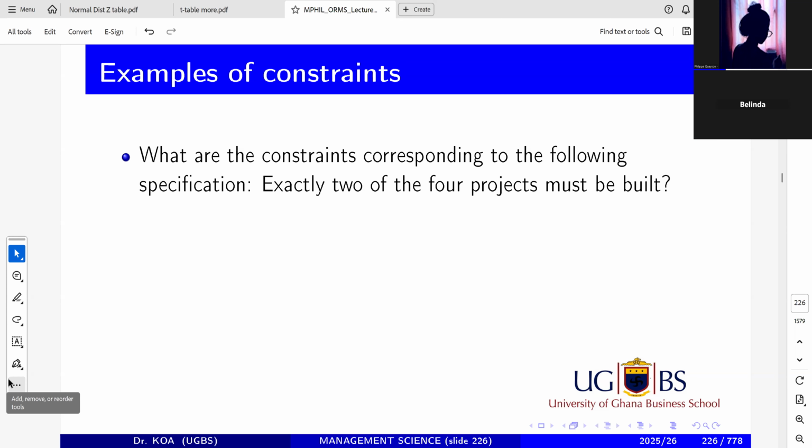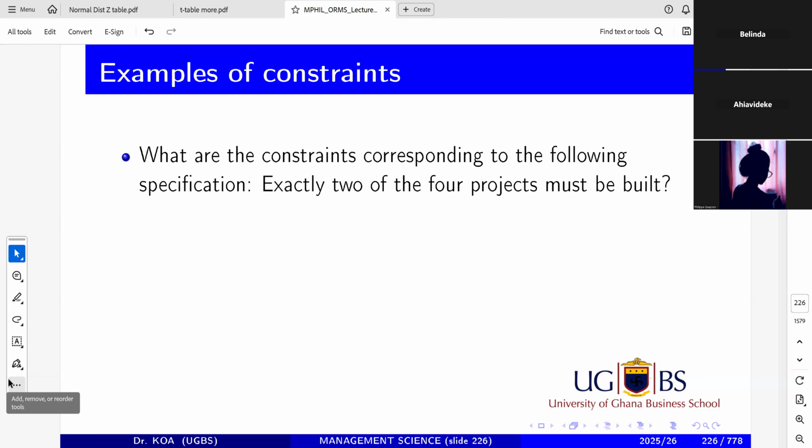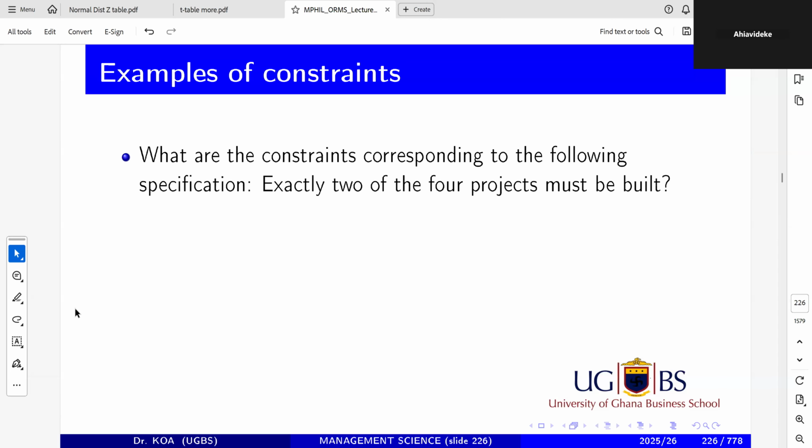Yeah, Belinda. So I don't understand. Explain it to her. Okay, sir. So with the first example that Sir gave, the example that we're working on, it indicates that we are supposed to construct just one thing, but we have 2 to choose from.